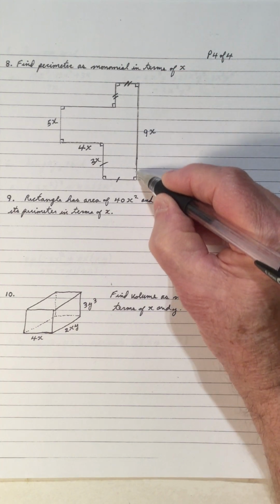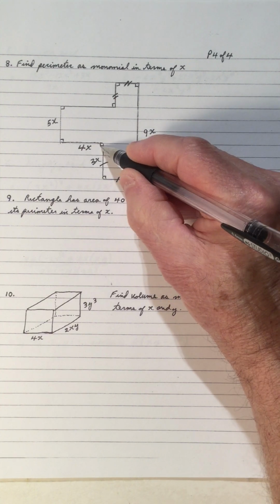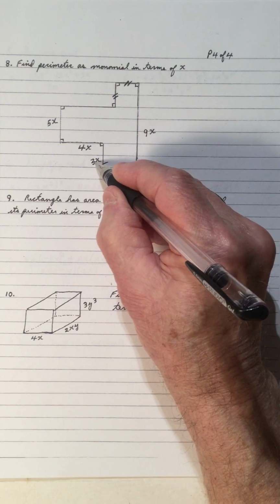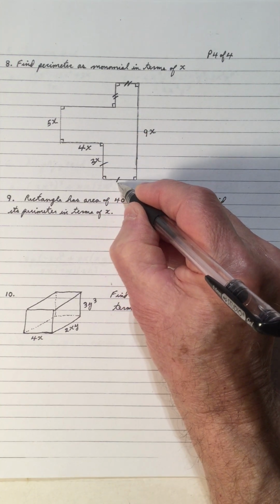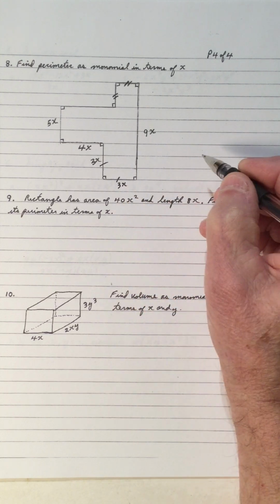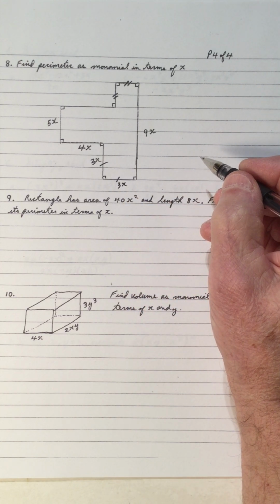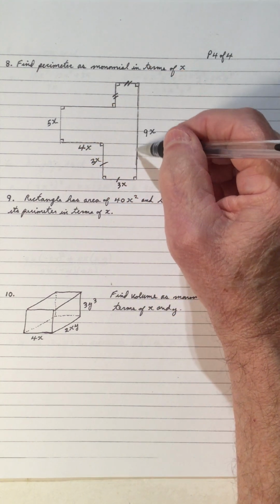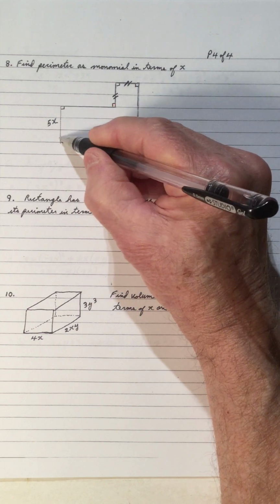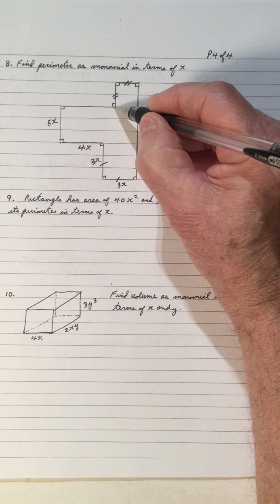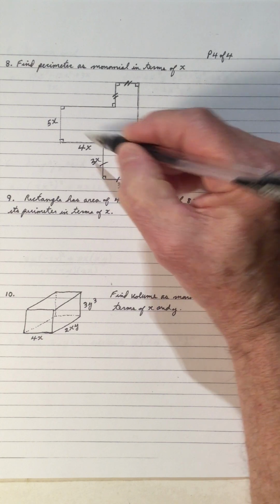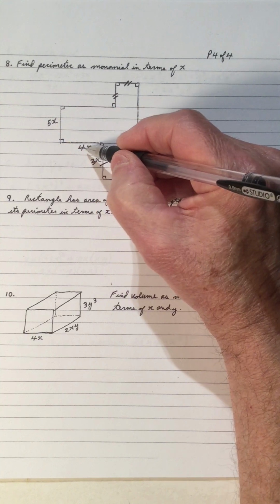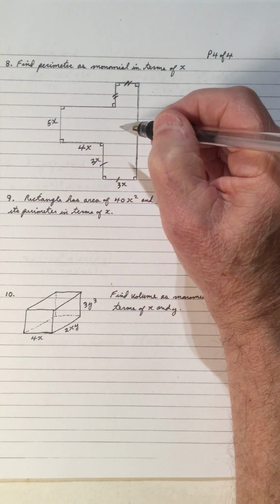This is 9x. And this is 3x. So that's equal. So that's a 3x. Okay, that's 1. Now, let's see. We got a 9x here. This is 5x from here to here. This is 4x. Sorry, 5x and 4x is 9x.